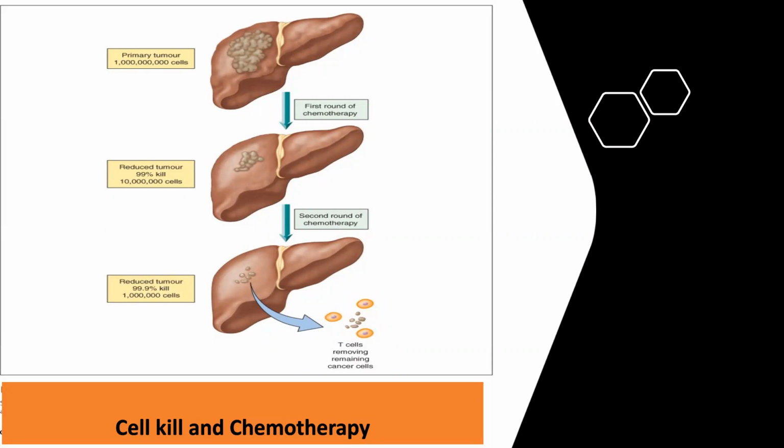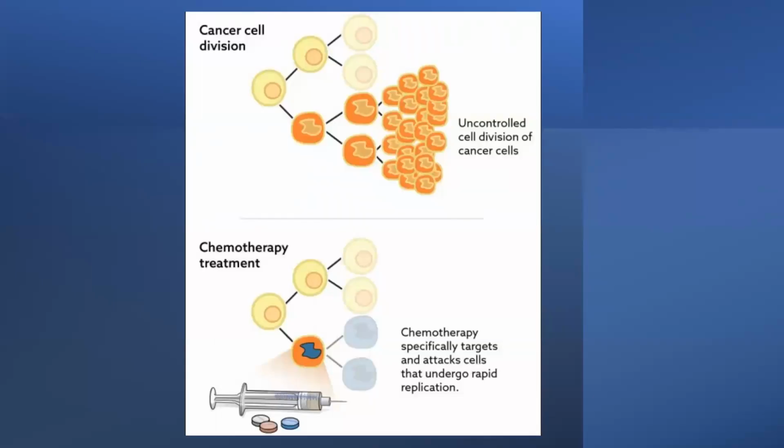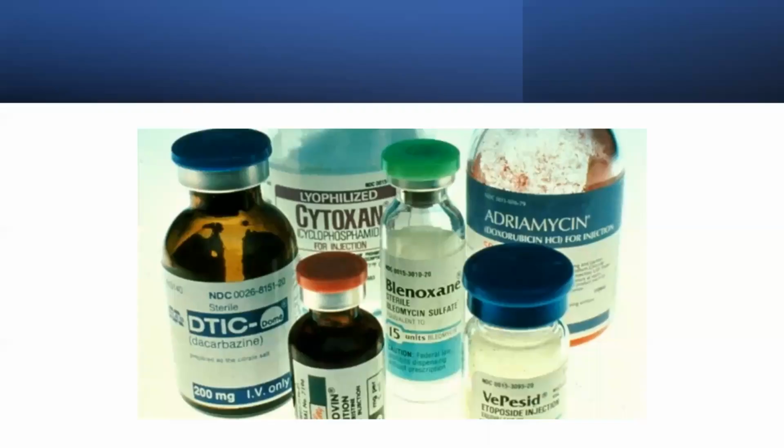The second round of chemotherapy reduces the tumor and 99.9% is killed, and the T cells remove the remaining cancer cells. Uncontrolled cell division of the cancer cell occurs, but when we give chemotherapy, as we can see in the picture, it specifically targets and attacks the cells that undergo rapid replication.